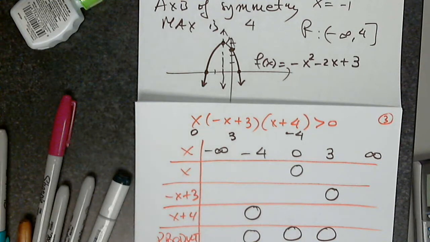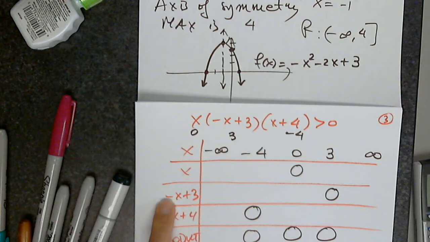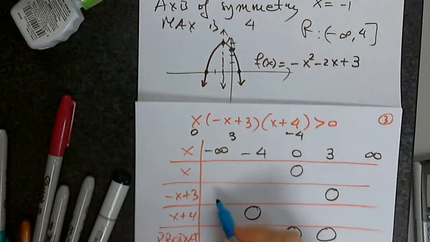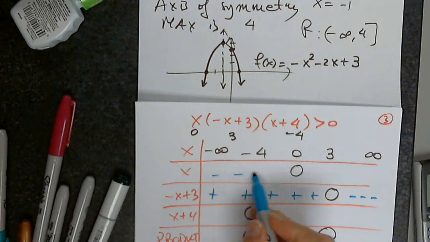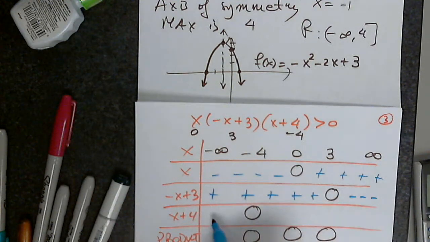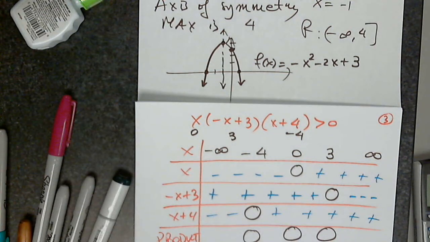Two of those look like this, from negative to positive, and one of them looks like this, from positive to negative. This one is the one that goes from positive because the leading coefficient is negative. The other two will be this. Or the other method that one or two students worked with, that's fine. That's a different way.